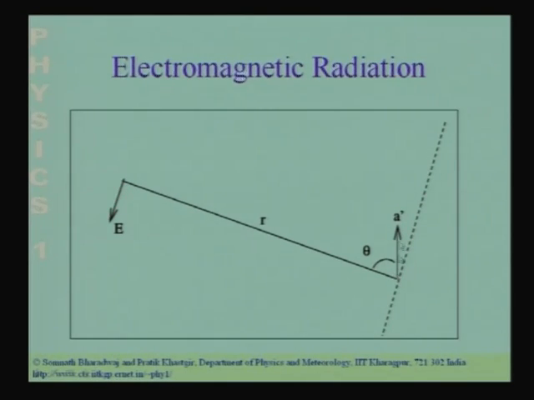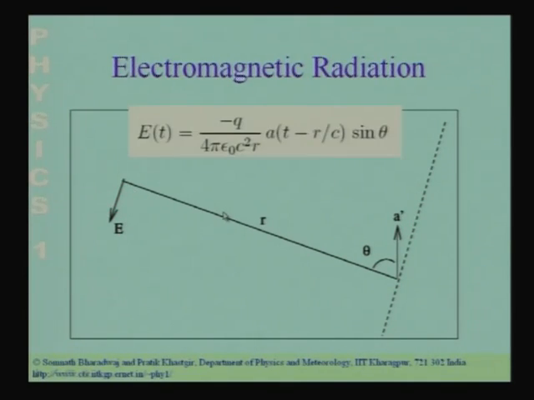We have to take the component perpendicular to this, which is what the dashed line over here shows. So, the dashed line is the direction perpendicular to the line of sight. The component of the acceleration in this direction is what causes the electric field over here, and the electric field is given by the expression over here.